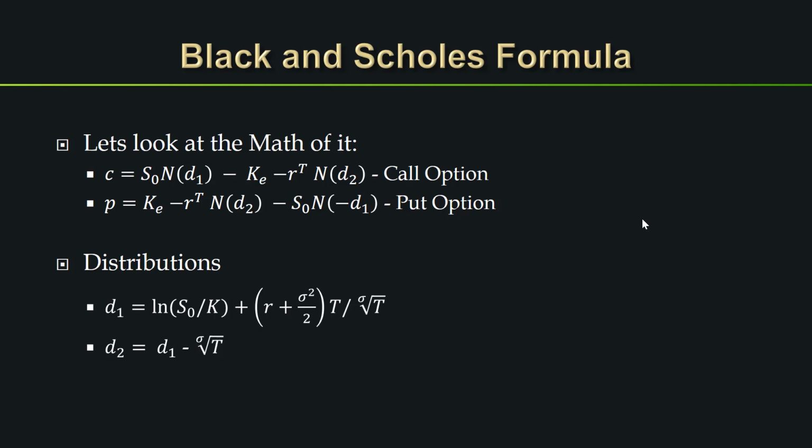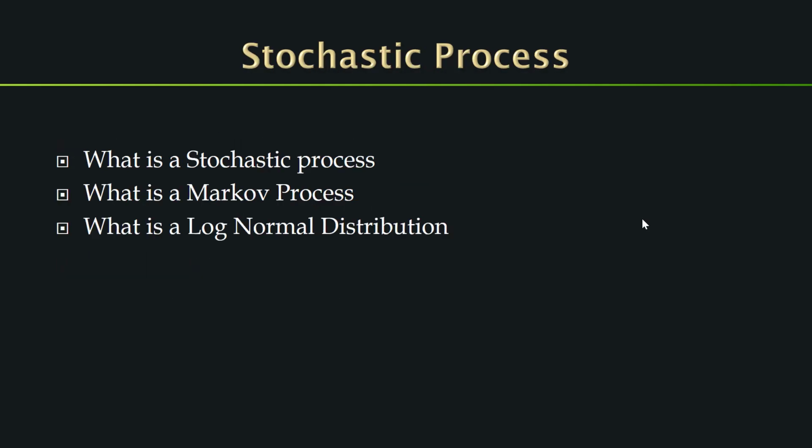So we have the stock price, the strike price, the risk-free interest rate for whatever time period you are calculating the option for, and the time to maturity, that's the T. In the same way, when we anticipate that the stock price is going to go down, we will buy a put option, so that we get the advantage of the downfall of the stock price. In that case as well, we typically deduct the current stock price from the strike price. So let's look at the next part, which is the stochastic processes.